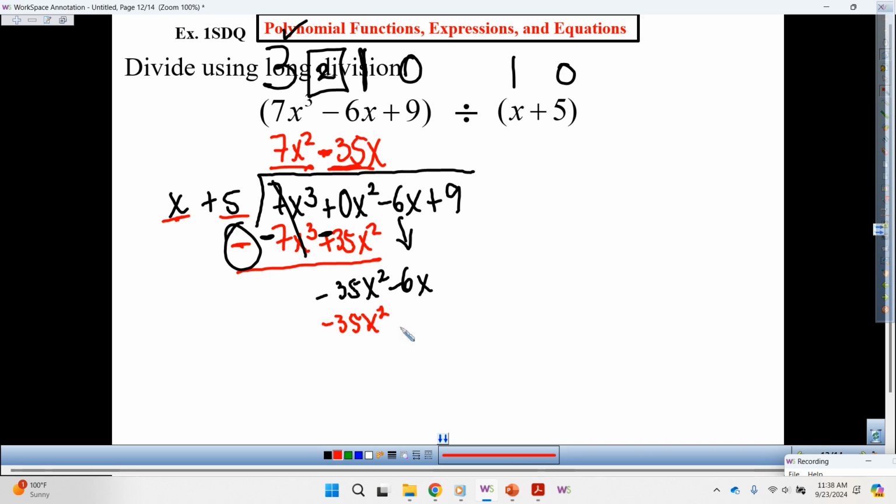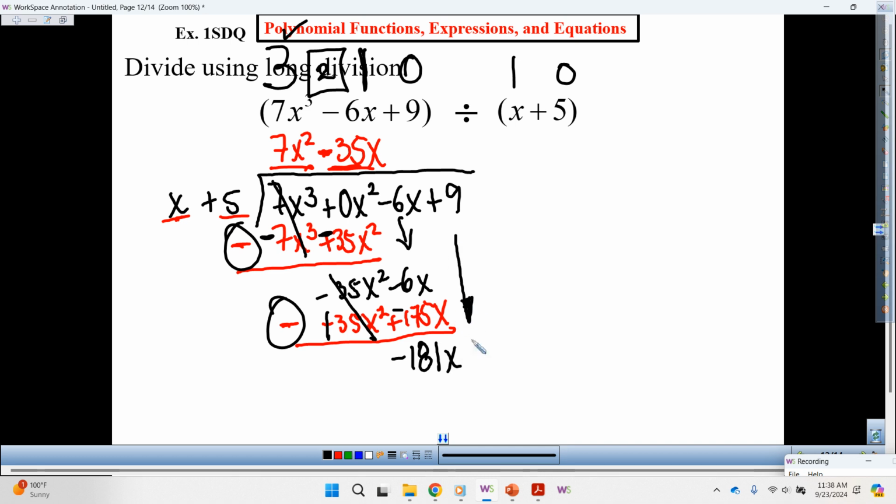Negative 35x times 5, that's positive 175x. Subtract. Distribute here and here. That leaves us with negative 75 and negative 6. That's negative 181x. Bring down the 9.